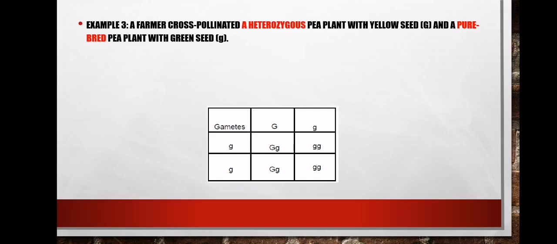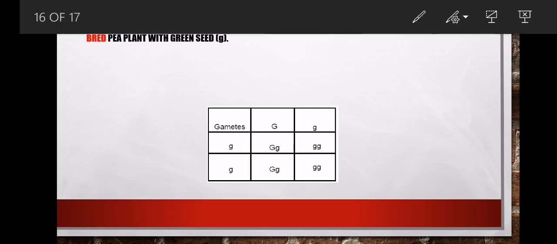Small letter g, since we say green is recessive. It means that you will have a small letter g, which is green, and another small letter g because they are purebreds. As a result, we have such gametes or such alleles. Okay, fine.